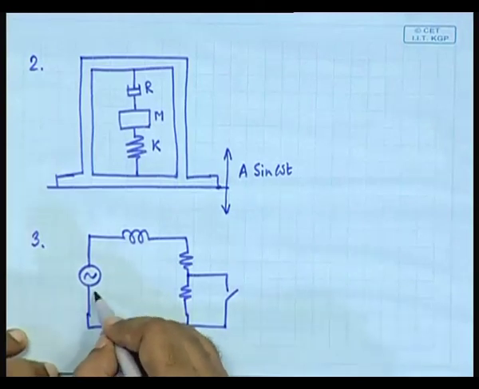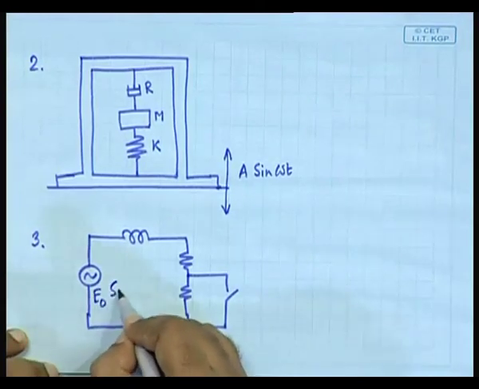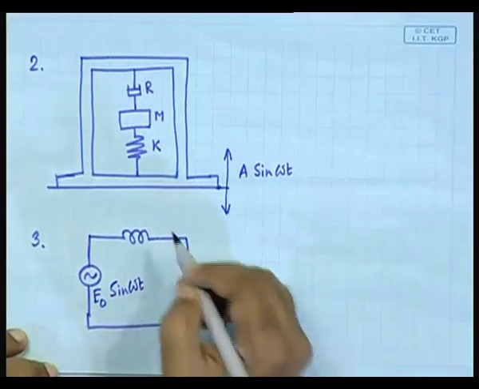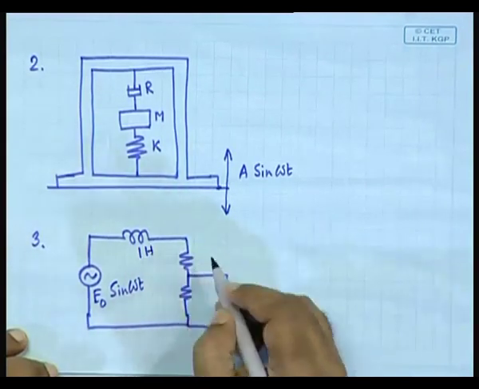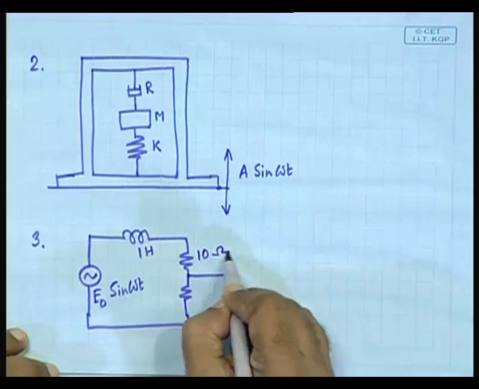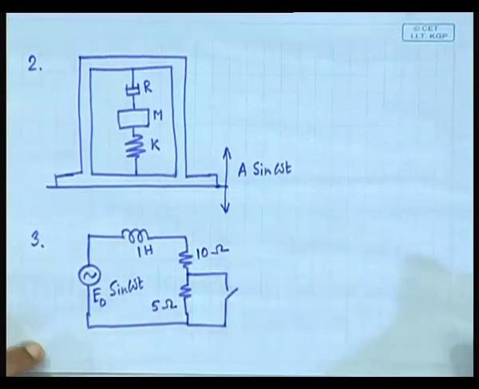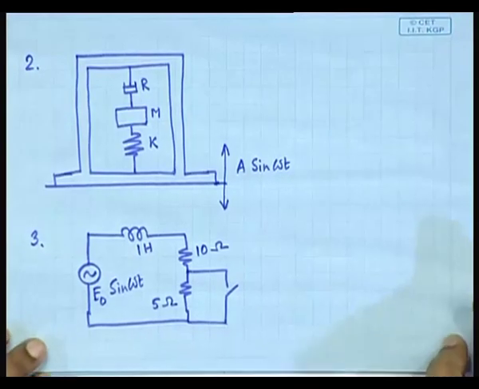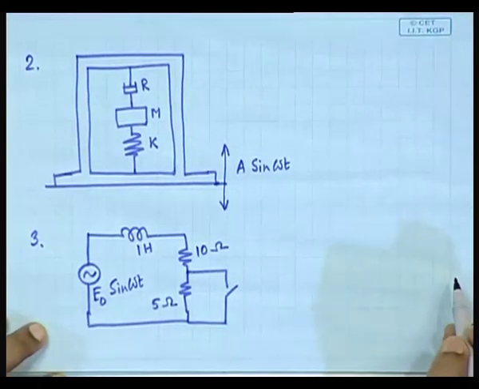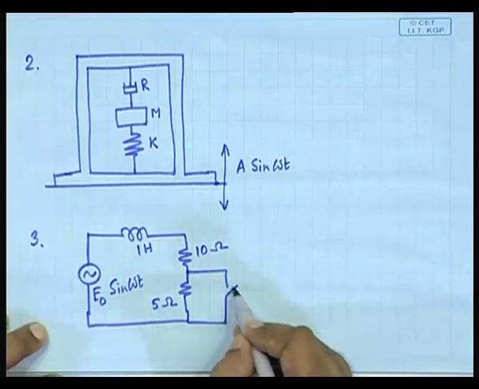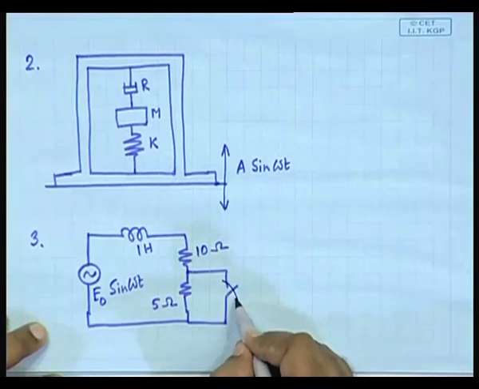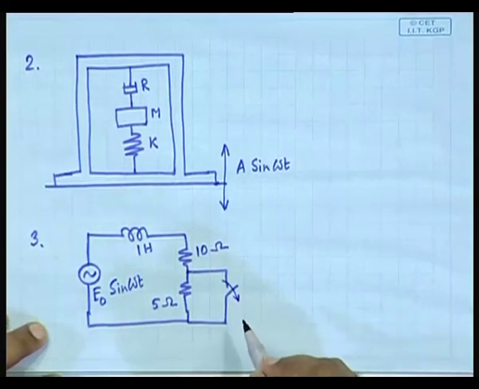This is E naught sin omega t. Here is say 1 Henry, here is 10 ohm, and here is 5 ohm. Suppose initially the switch is closed and then it is opened at t is equal to 0.